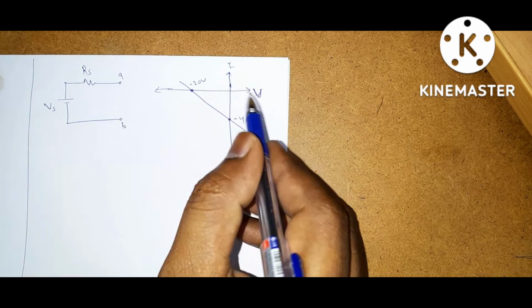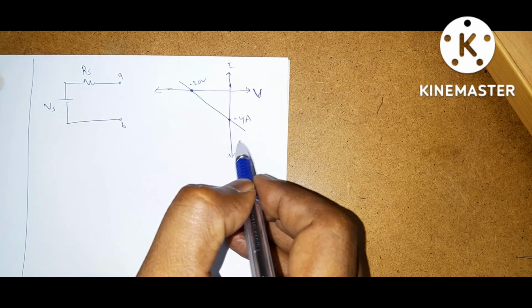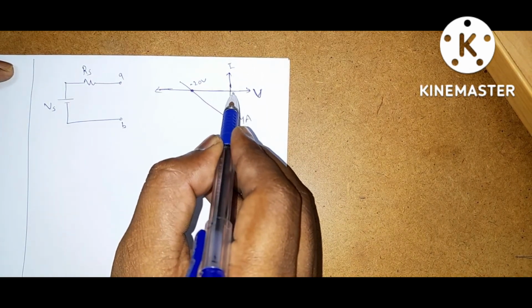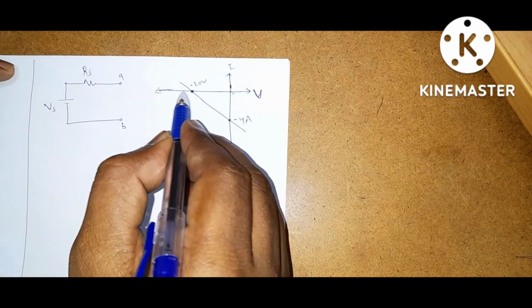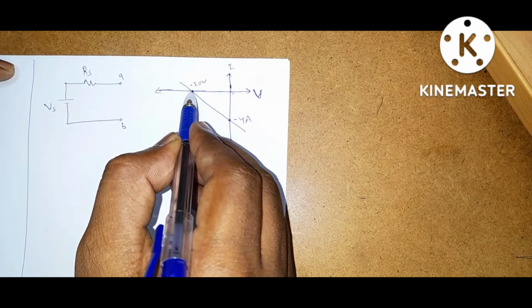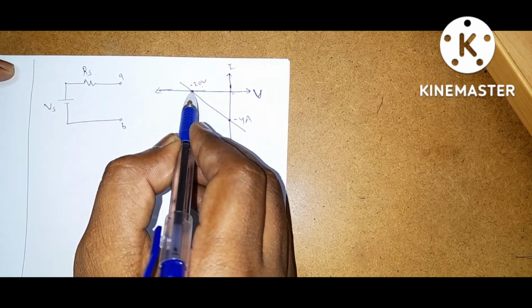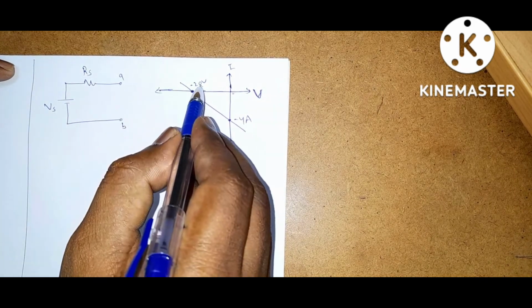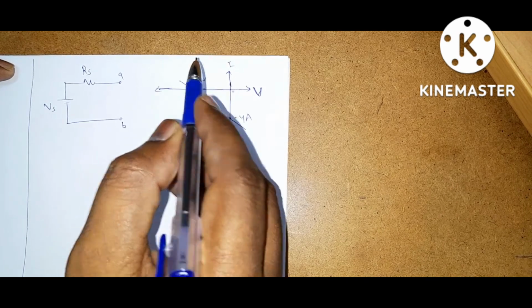On the x-axis is given current and on the y-axis is given voltage. If you observe here, the current is 0. If the current is 0, what is the voltage? Minus 20 volts. Current 0 means open circuit. If it is open circuit, it is minus 20 volts.